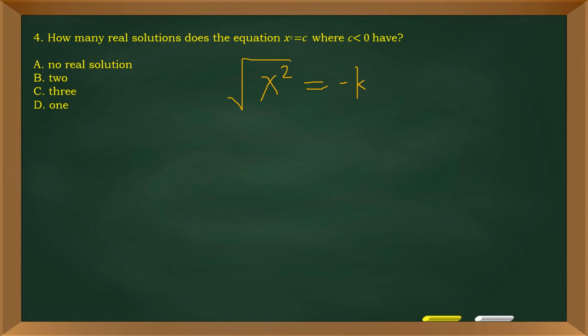We have studied earlier that if the number inside the radical sign is a negative number, it doesn't have a real solution. It is just an imaginary number, so we can say it's k i squared, imaginary. So our answer here is no real solution.